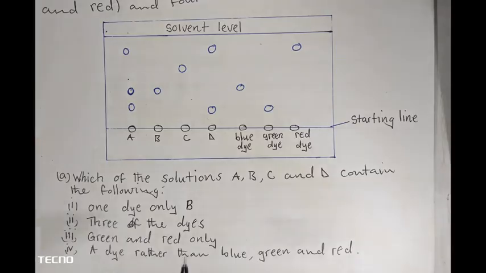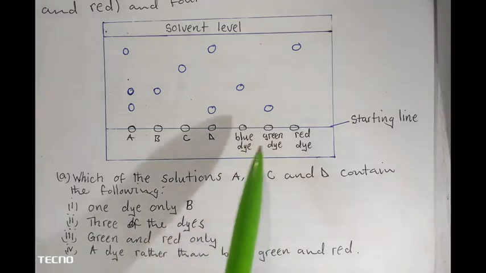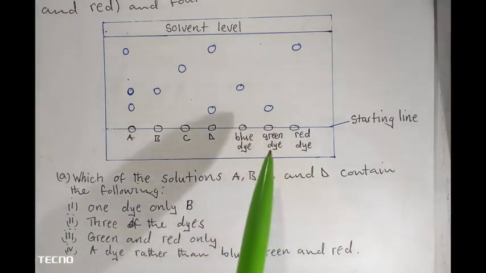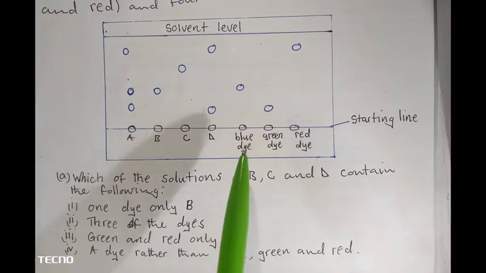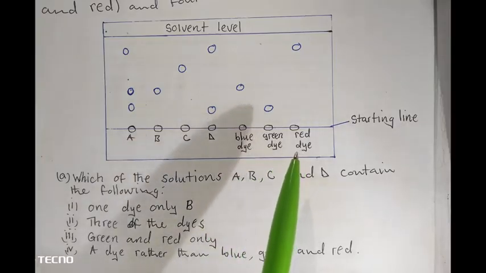Then the other one, let me use at least a blue pen. Okay, so now the other one, you see 3 of the dyes. So we have 1, 2, 3 dyes. Now we want the components that have all 3.